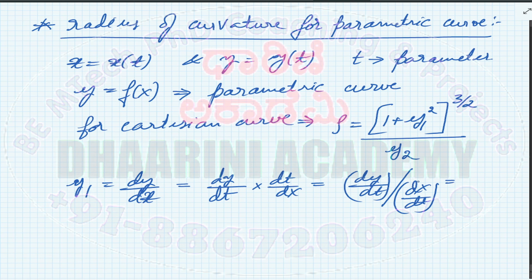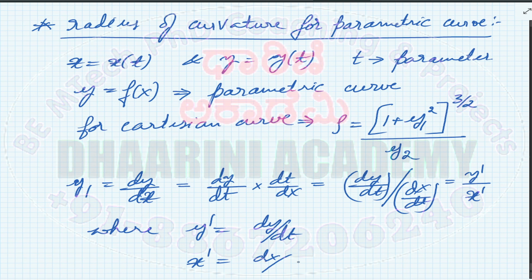So what is y1 now? Y1 is nothing but, numerator I'm calling y dash, denominator I'm going to call x dash. To make it more clear, what is y dash? Y dash is dy by dt, and x dash is dx by dt.